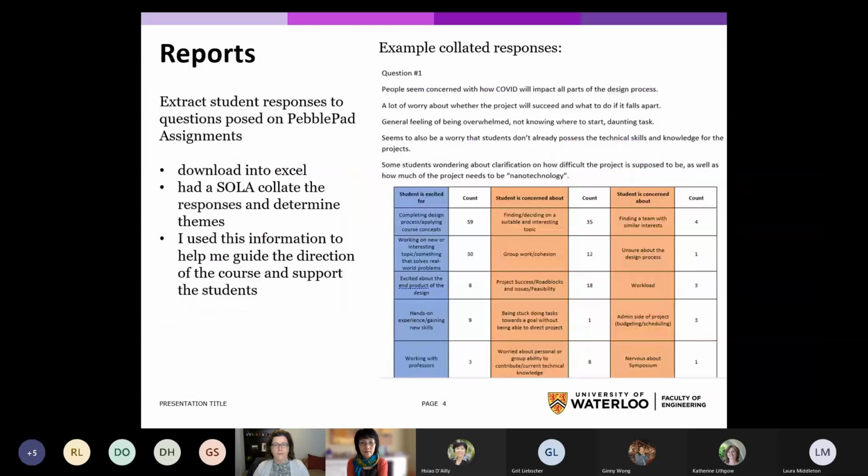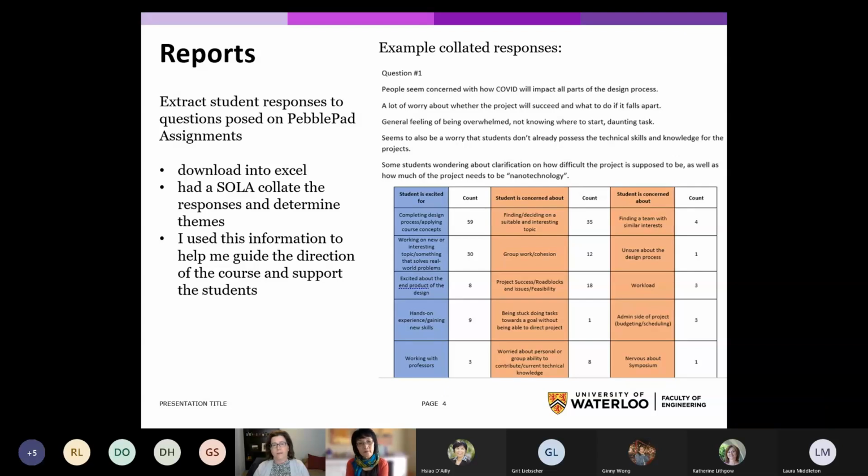One thing Catherine wanted me to touch on was this idea of reports. This is a way within PebblePad, and I will show you when I switch to that, to pull out information or data out of PebblePad. So I used it to actually extract student responses.